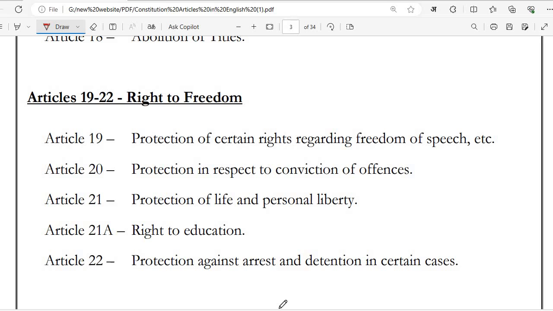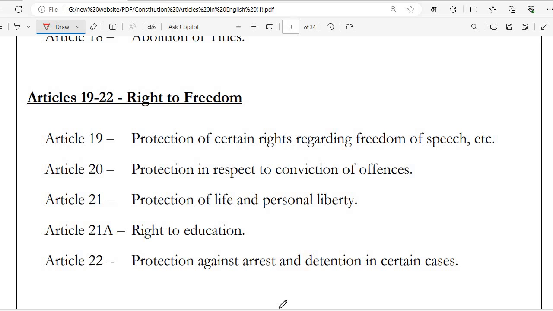Before committing any crime, you may be detained and prevented from committing crimes, because it emphasizes avoiding any kind of loss or damage to the country by such persons. And the Government of India or Indian Parliament has made different types of laws under this.